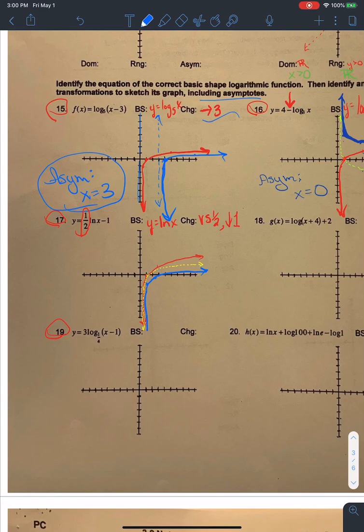But he's going to end up on top of that red and yellow, so everything's blending together. And the asymptote, I hope you guys can find that by now, x equals 0.